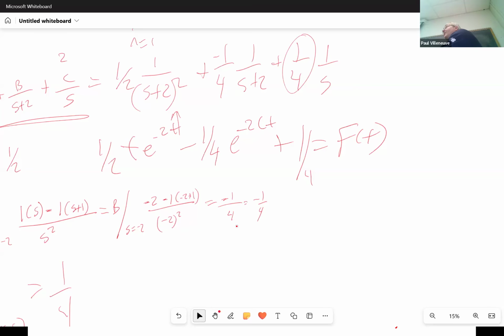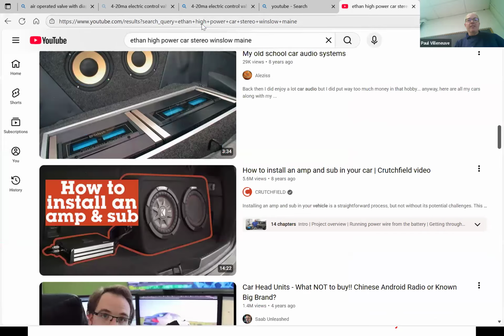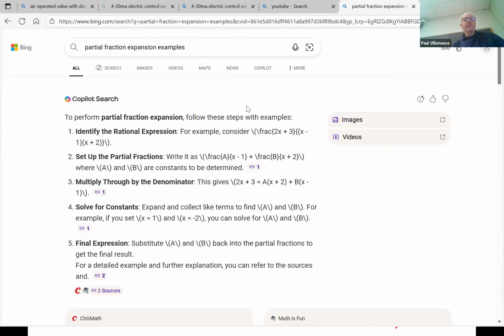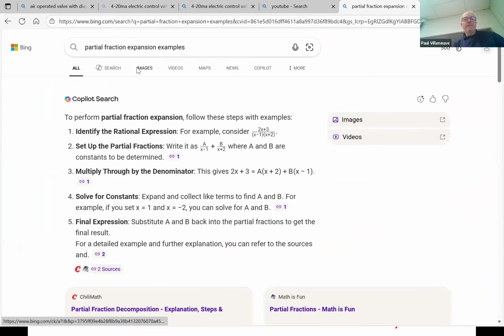So the way that I would do these is I would just do partial fraction expansion. I would just practice. Practice, practice, practice. Just do it so that you can almost do these in your sleep. If you go over here to edge, you should be able to find a bunch of images here.